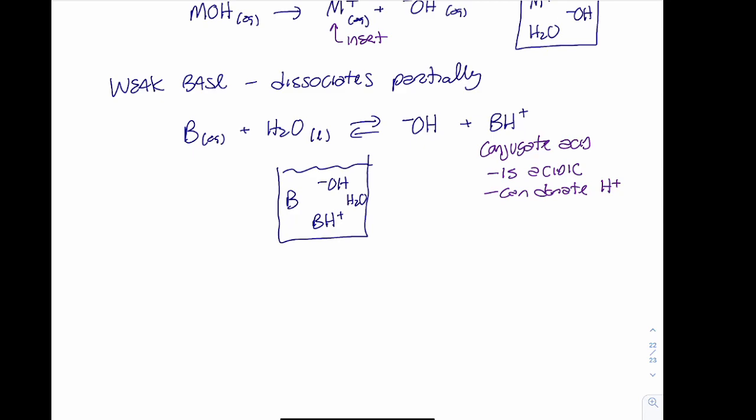I'm going to call it Kb this time, and our values are generally going to be small, right? Because they exist at equilibrium, we can write our expression. This time I'm going to put a subscript B for base. It's going to be my concentration of my products over the concentration of my reactants. Again, we're excluding water. These are all at equilibrium, and as usual, I didn't leave myself enough room.